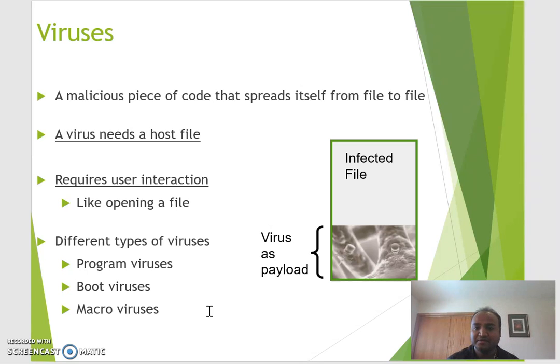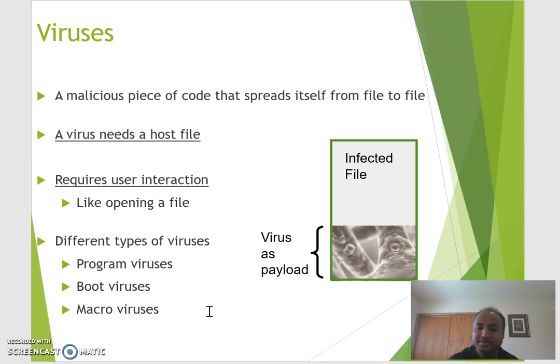That's basically a medium of infecting your computer. It also requires user interaction, so it doesn't happen on its own. It will require you to open a file, or through an email or a link, you will click something and that will execute. The virus will execute and start spreading around.